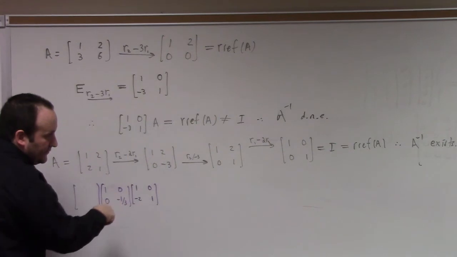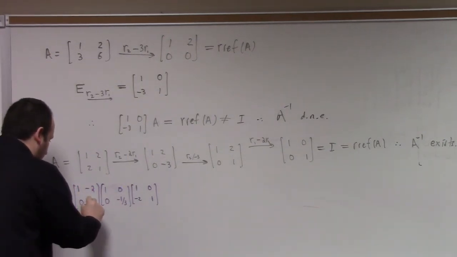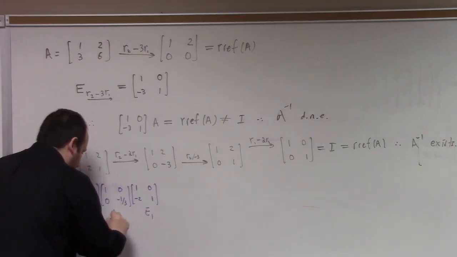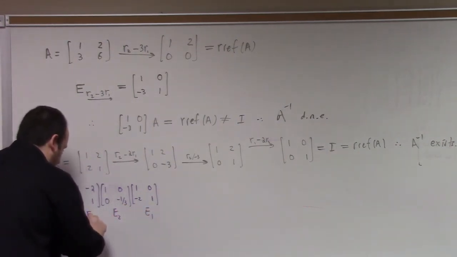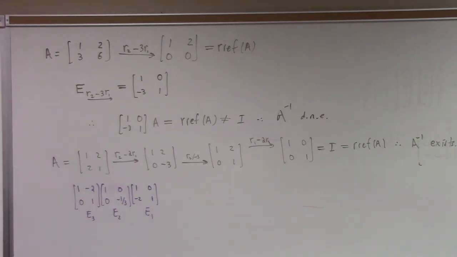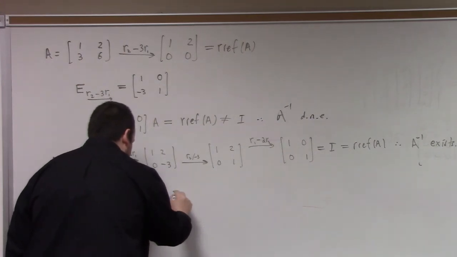That last one was row 1, 1 minus 2, 0, 1. So these matrices, my E1, my E2, my E3, and my typical numbering, although I'm not universally addicted to that numbering. Don't read too much into the numbering. Think through the numbering in a given problem. That times A is equal to the identity matrix, yeah?